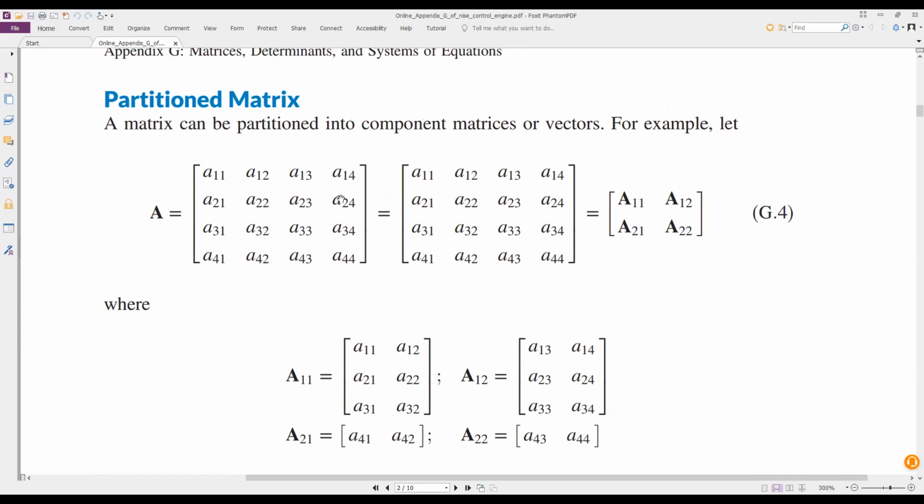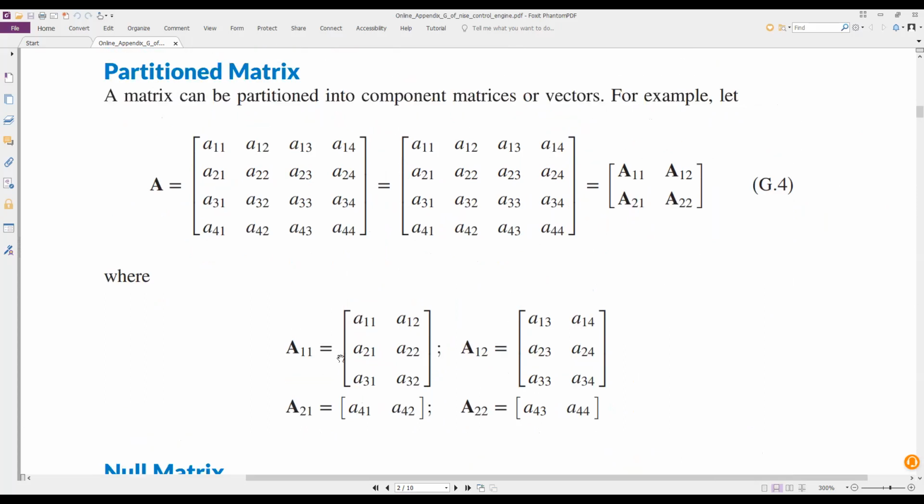For example, this matrix with A11, A12, A21, A22, A31, A32, A13, A14, A23, A24, A33, A34 can be partitioned into submatrices A11, A12, A21, and A22.